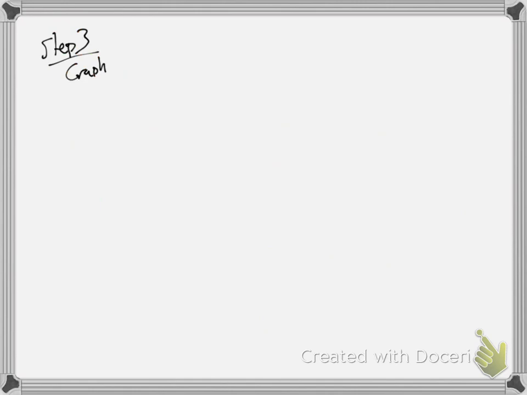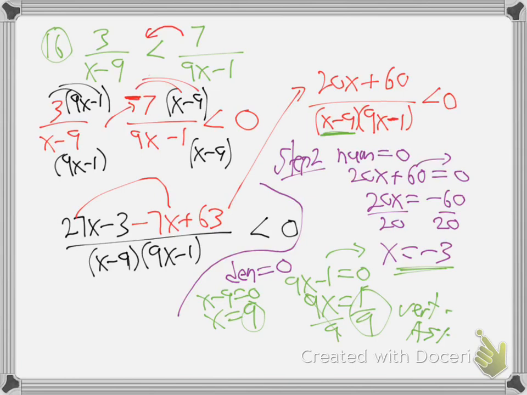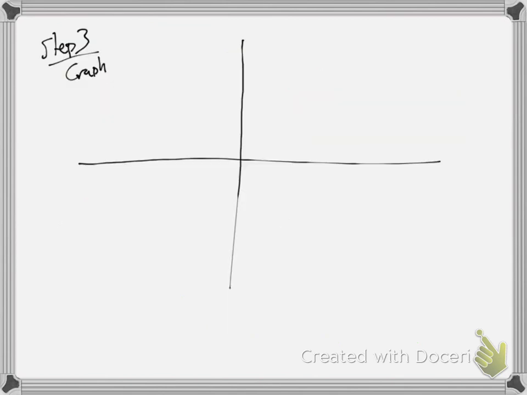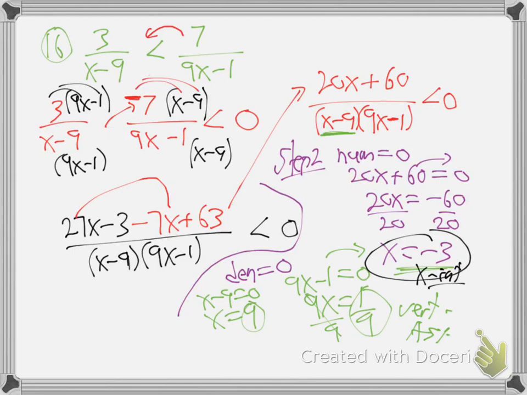All right, so on the graph now. Let me see, what do we have? Negative 3 is an x-intercept, so 1, 2, 3, right there at negative 3. And then 9 is a vertical asymptote, and so is 1/9.